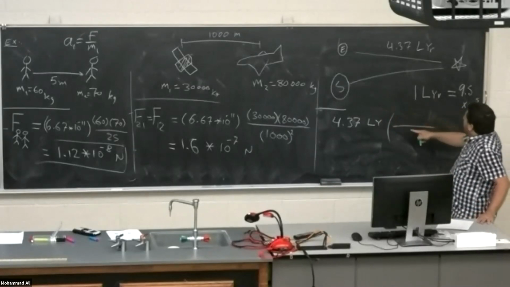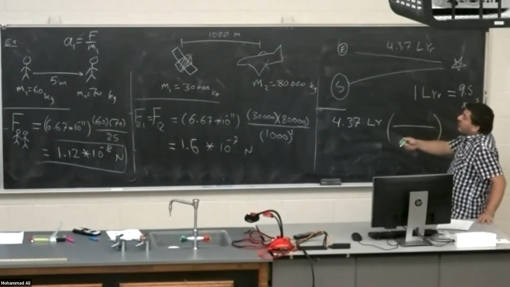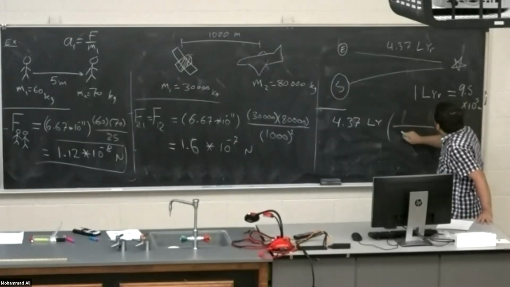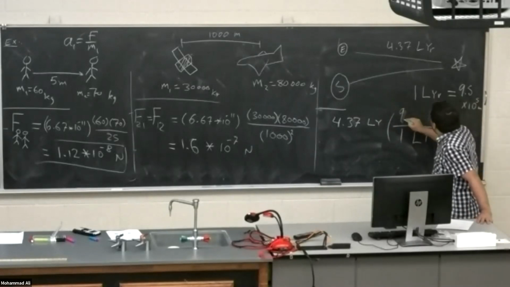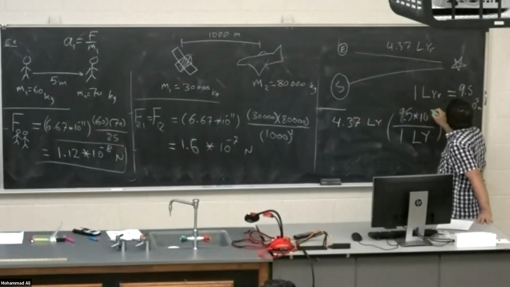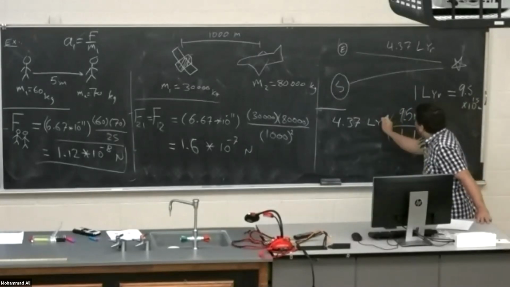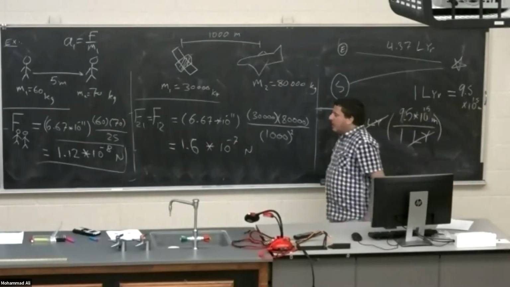Okay. Now I need to multiply by the coefficient of conversion, which is, no, not 1. 1 light year is equal to 9.5 multiplied by 10 to 15 meters. Now light year will cancel with the light year. So this is my distance. How much is it?